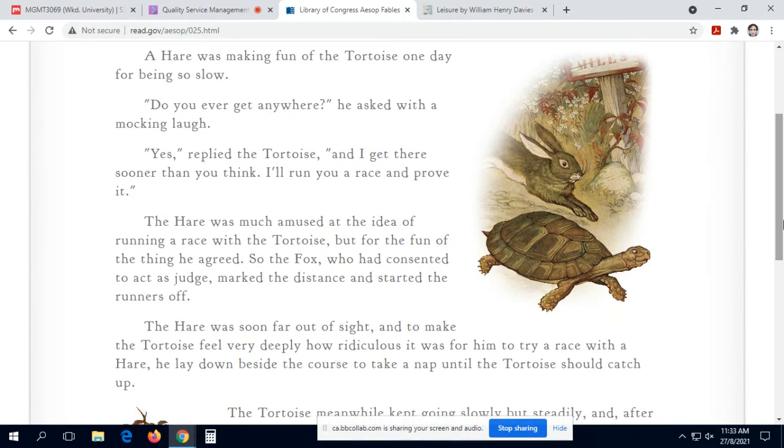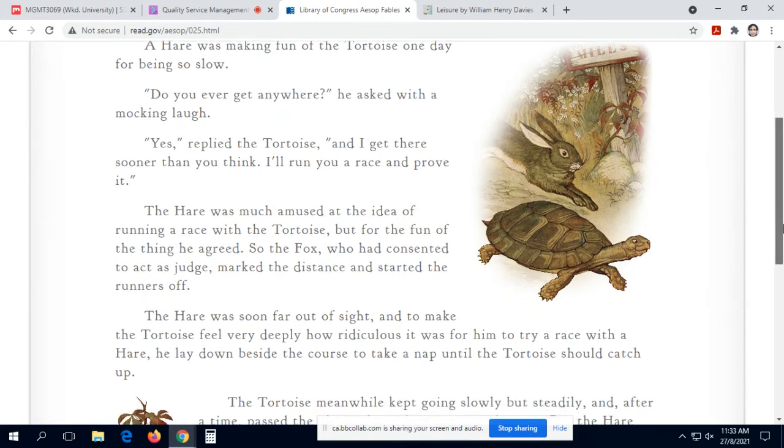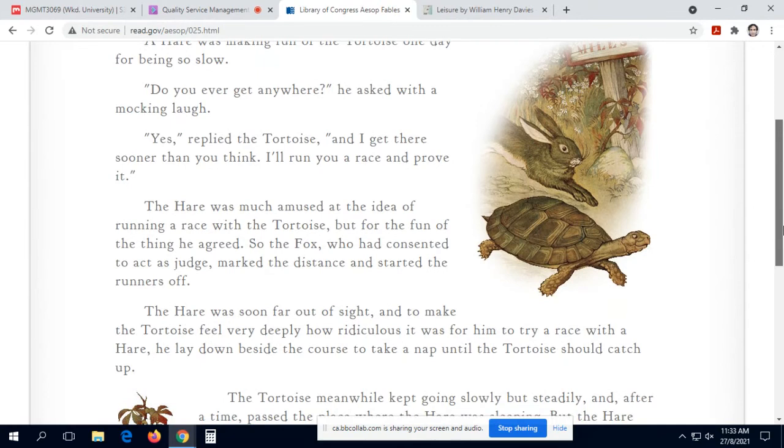But then midway, the rabbit says, let me rest and take a nap, because the tortoise is very far away. So the rabbit takes rest, but the tortoise is slow but steady, keeps on doing it. Routine, discipline, hard work, continuously working.